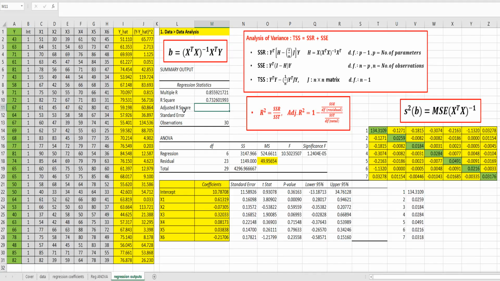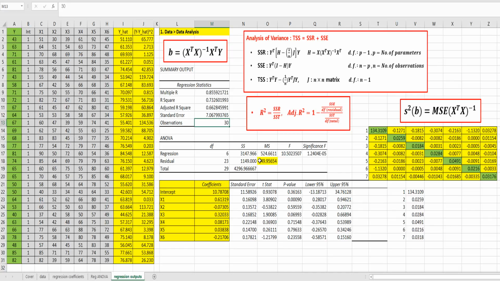When there are more and more x variables, R square tends to increase. That's why we prefer to use adjusted R square. So 1 minus SSE here over degrees of freedom, and over SST over degrees of freedom. Right. So standard error can be calculated by the square root of MSE here.